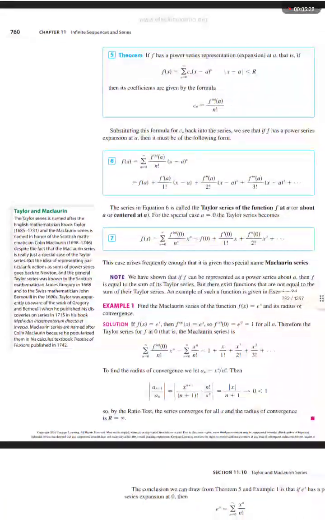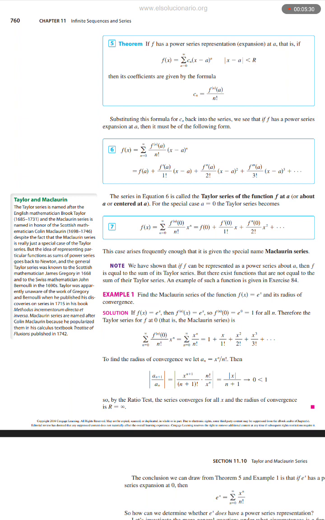Theorem 5. If f has a power series expansion at a, that is, if f(x) = the sum from n = 0 to infinity of c_n(x − a)ⁿ, for |x − a| < R, then its coefficients are given by the formula c_n = f⁽ⁿ⁾(a)/n!.